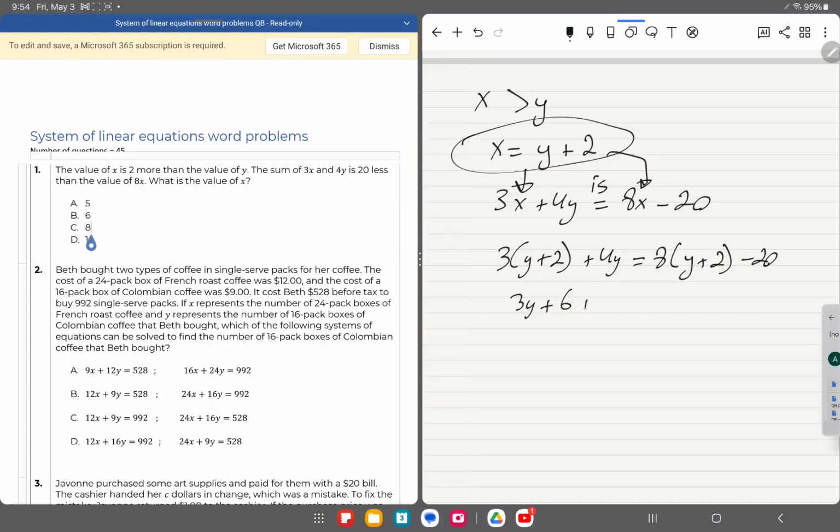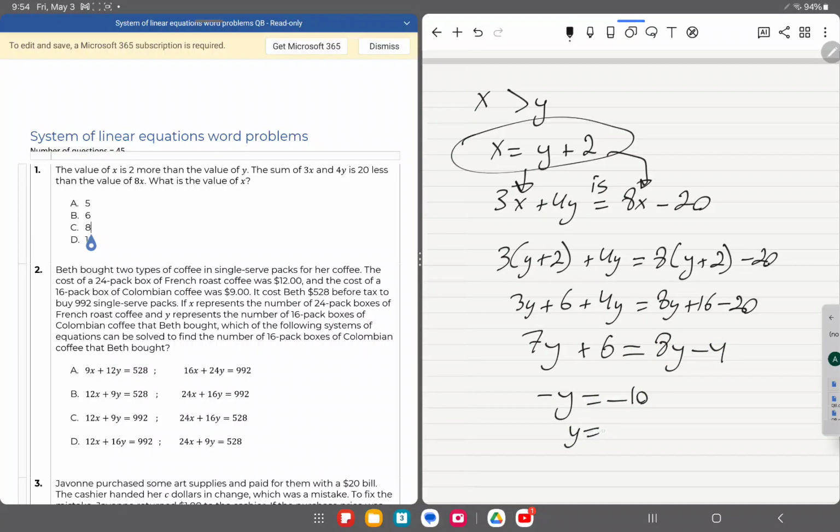So 3y plus 6, plus 4y, is equal to 8y plus 16 minus 20. So I've got here 7y plus 6 is equal to 8y minus 4, minus y is equal to minus 10, y is equal to 10.